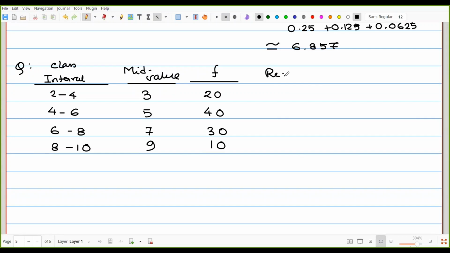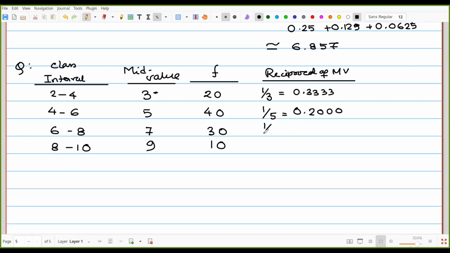So we have to find the reciprocal of the mid values. That means 1 by 3, that is 0.3333. Then 1 by 5, that is 0.2000. 1 by 7, that is 0.1429. 1 by 9, that is 0.1111.